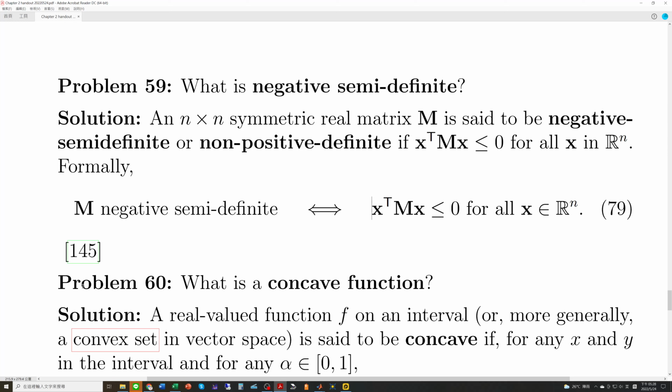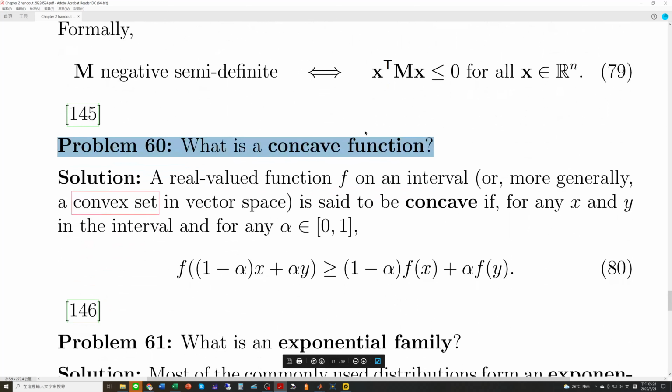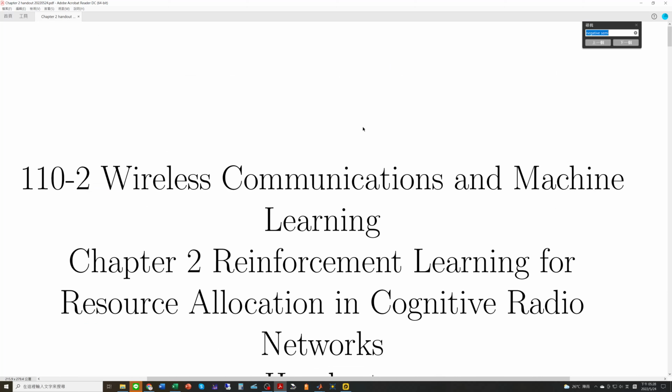Okay. Next, let us see problem 60. What is a concave function? Okay, why do we need to know what is a concave function? Okay, it is because, okay, let me search it. Concave.